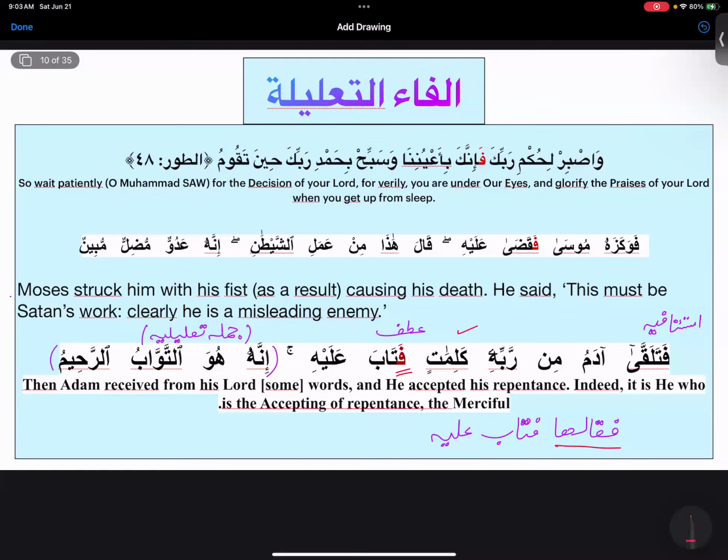So basically, if we want to take it as a fasiha over here, there is a possibility, because it is saying that he received the words from Allah subhanahu wa ta'ala, he said them, and when he said them, then Allah subhanahu wa ta'ala forgave him. Okay. Because when I was studying, after wasbi li hukmi rabbika, I was able to match with the definition.